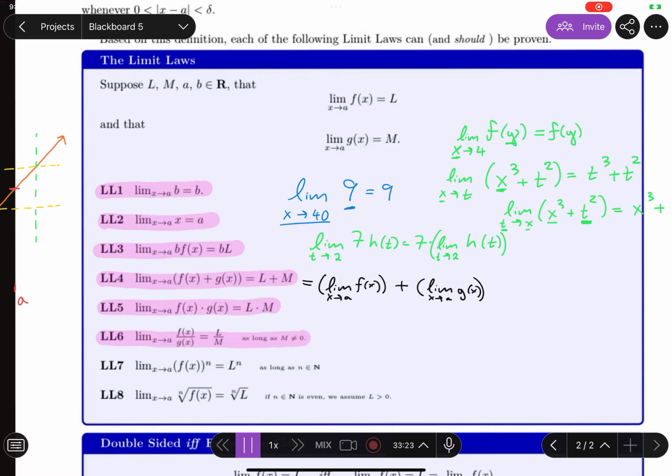So notice what kind of happened. All I did was replace L with what it literally is, and M with what it literally is. It looks like this limit kind of distributed over this sum, and that is what this limit law is saying. The limit of a sum is the sum of limits. That's how I would say that.